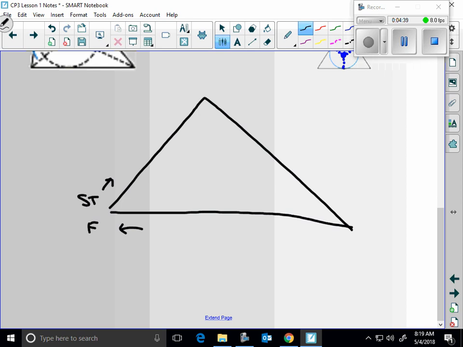They want to put an aid station somewhere on the course so that if somebody has an injury, they can be tended to as quickly as possible. So they put it in the middle, right? In the in-center. Why would they put it in the in-center? So it'd be equidistant to any one of the roads. Right? So that's the in-center.